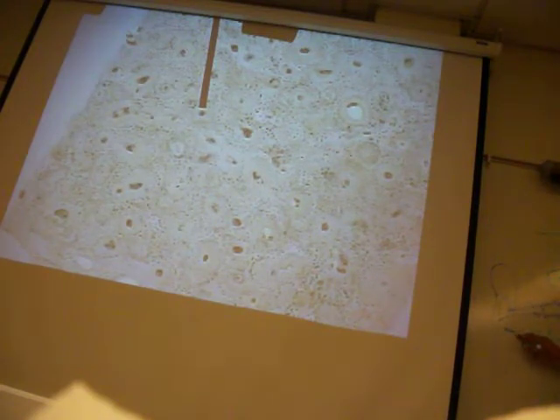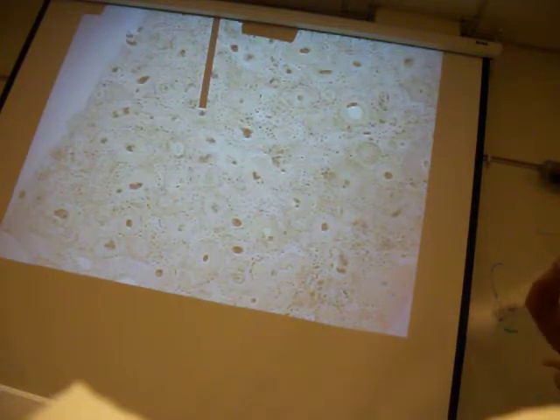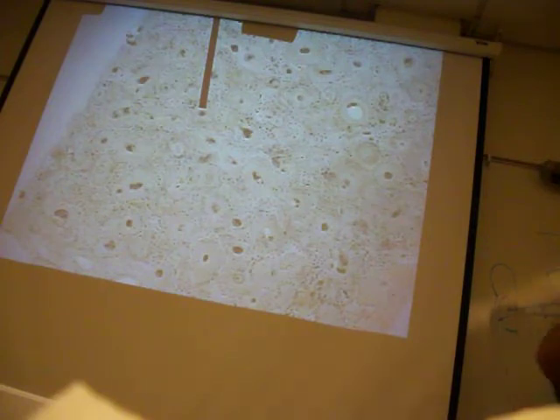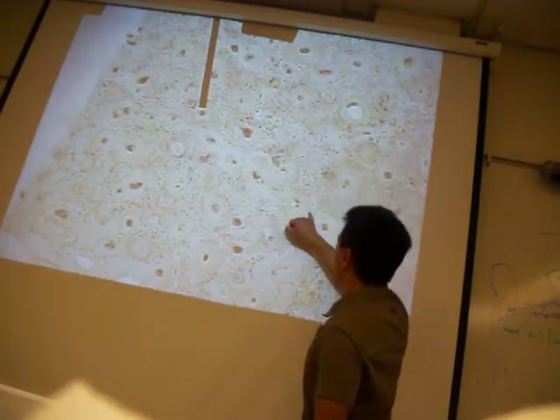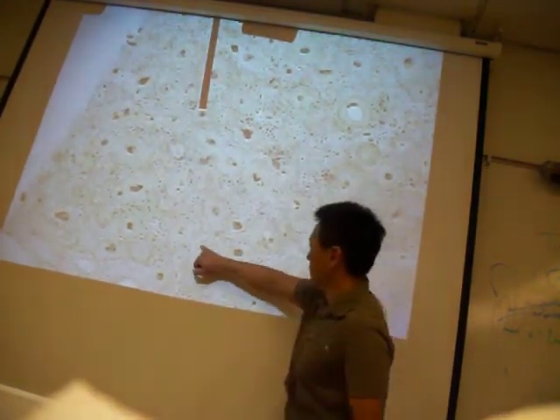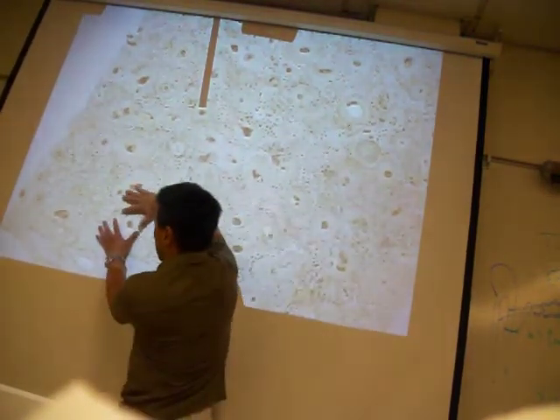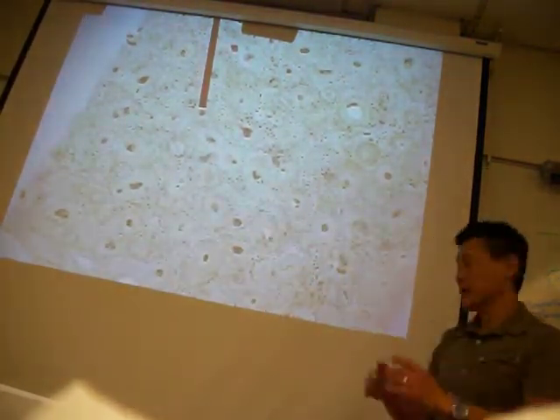This is the slide of the compact bone. So instead of looking at a peripheral view, instead of looking straight up and down, you're looking at it straight on from the top. Somebody just took a cut right through there, and you're looking straight down at that bone. You can see how there's concentric rings on each one of these. Each one of these circles represents what's called an osteon.